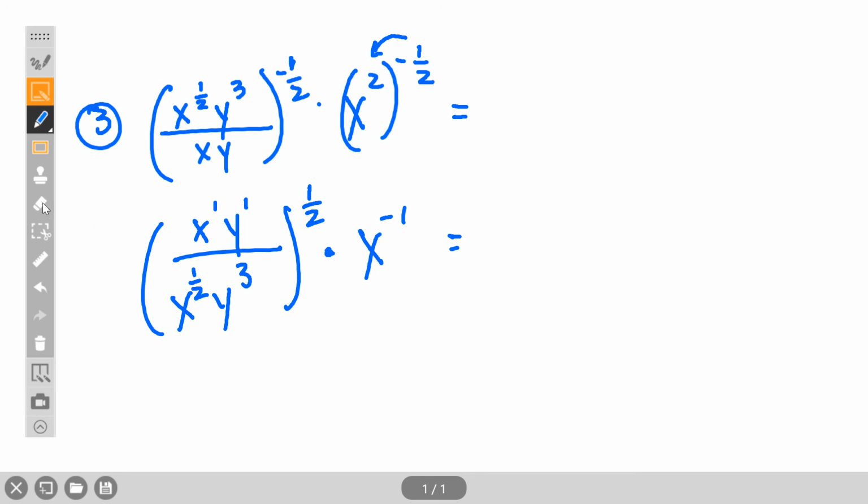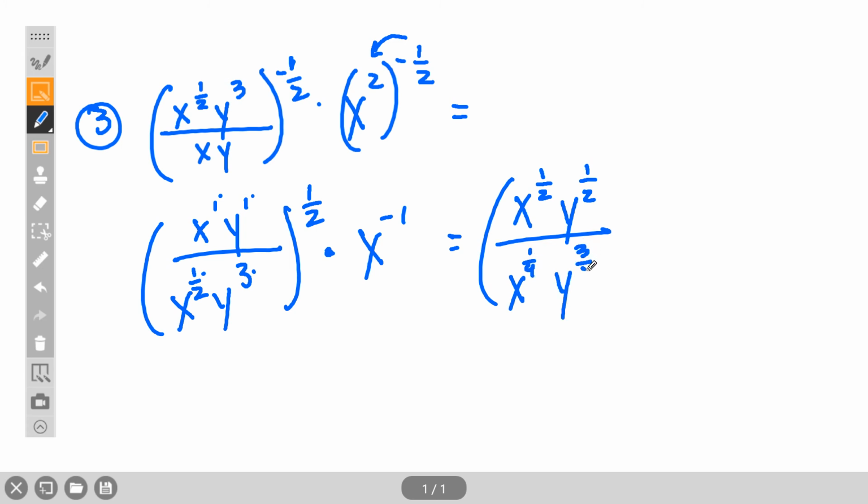Okay, so maybe I'll simplify the inside first. And I'll just multiply them all by 1/2. So all of these exponents get multiplied by 1/2. So that's x to the 1/2, y to the 1/2 over x to the 1/4, y to the 3/2, and that's multiplied by x to the negative 1.